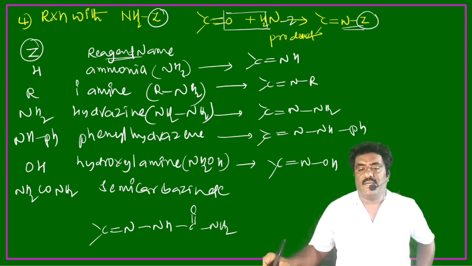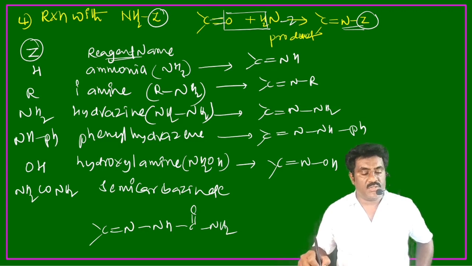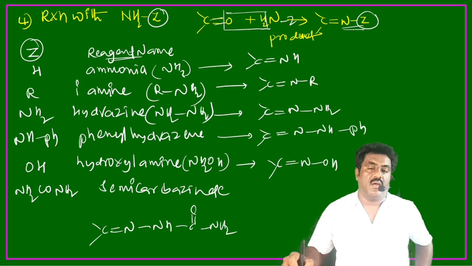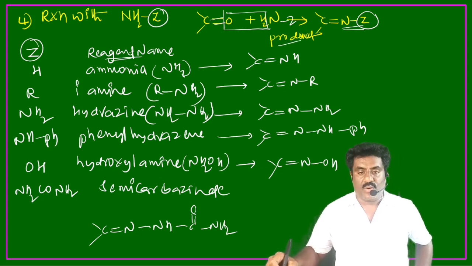Here Z is H for ammonia, the product is C double bond NH.